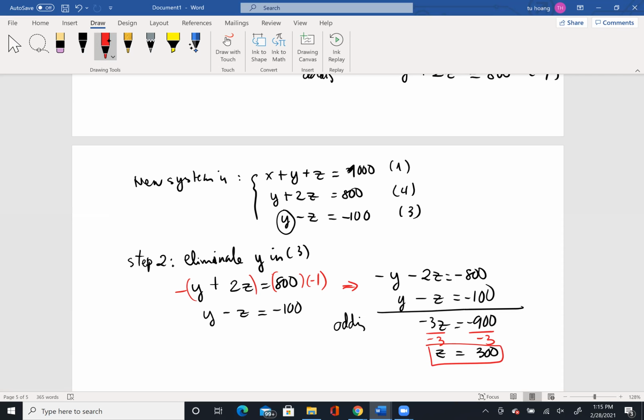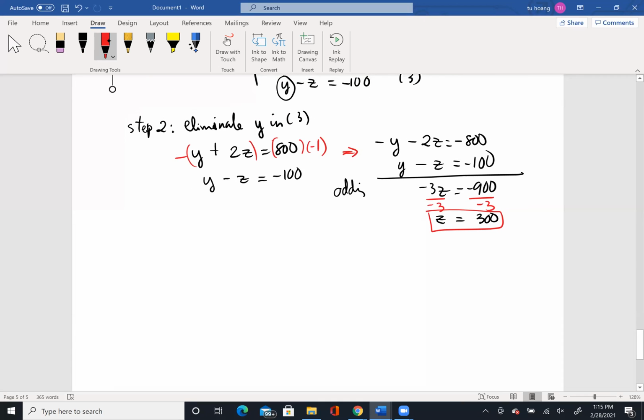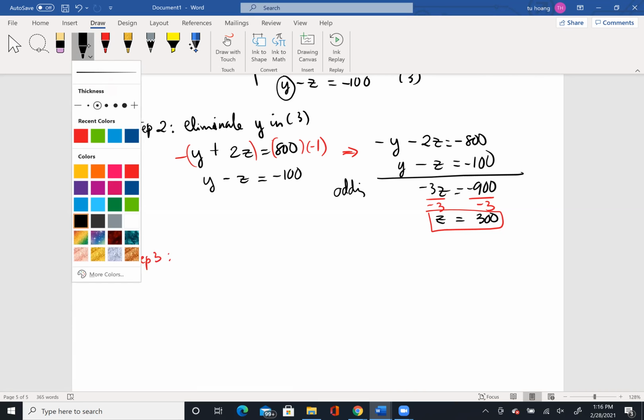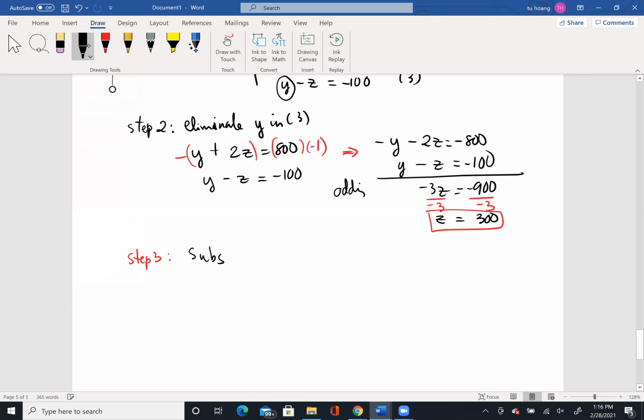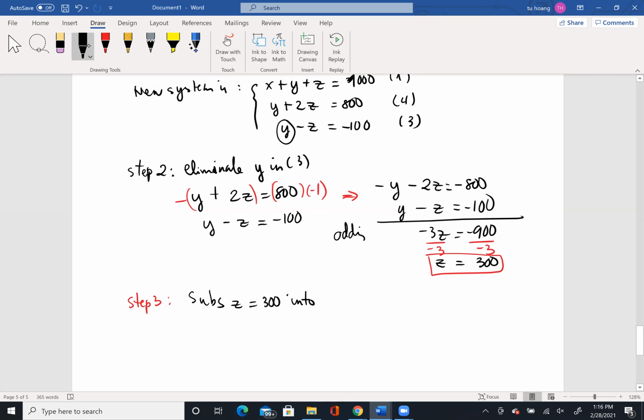Okay. From here, I'm going to substitute. So step 3, right? I'm going to substitute z equal to 300 into either 3 or 4. It doesn't matter. Okay.